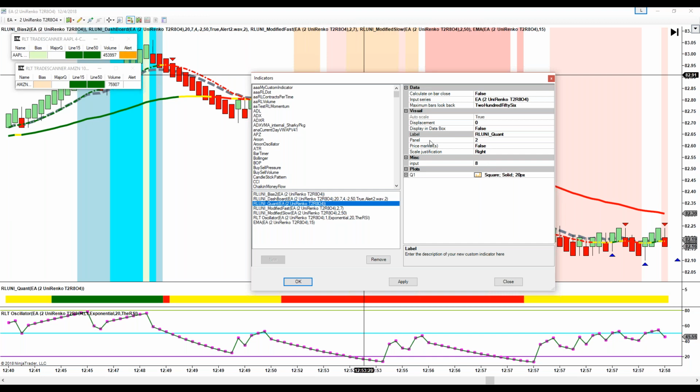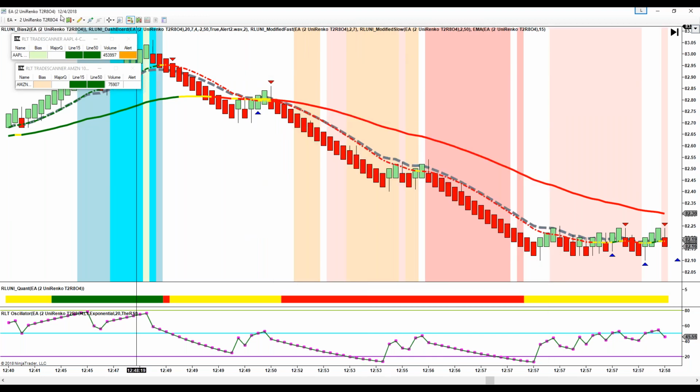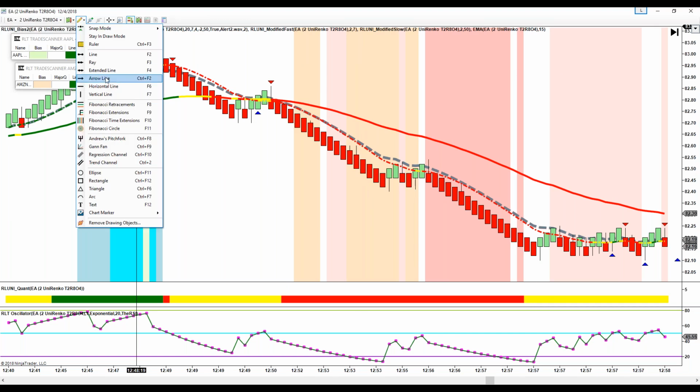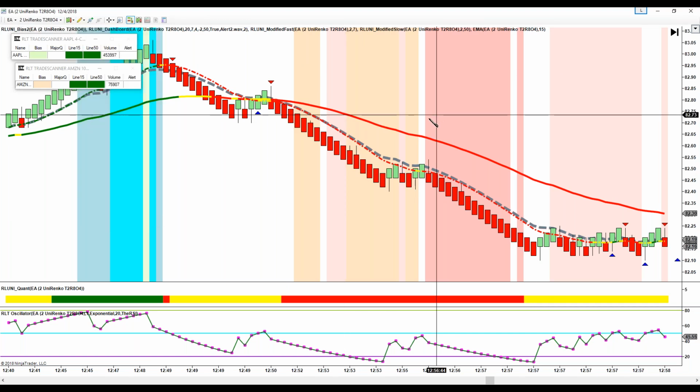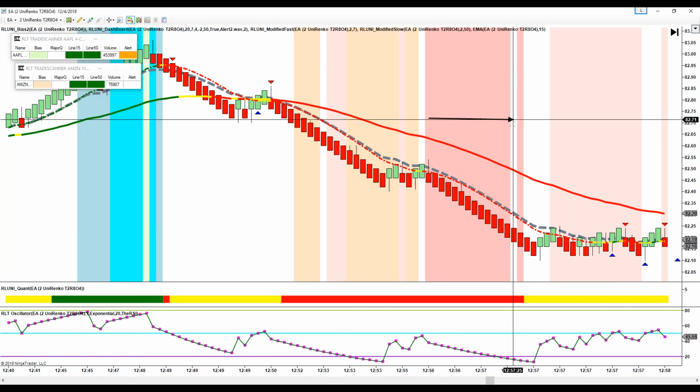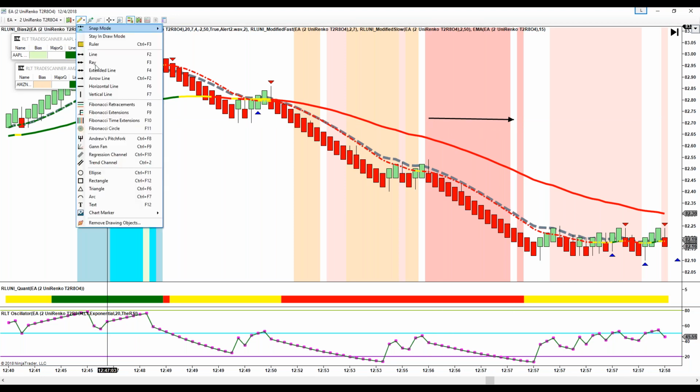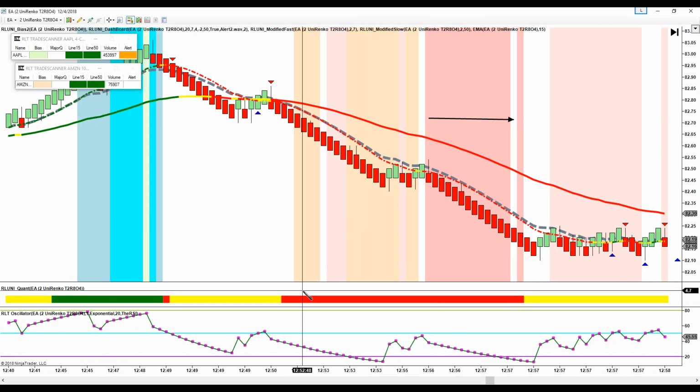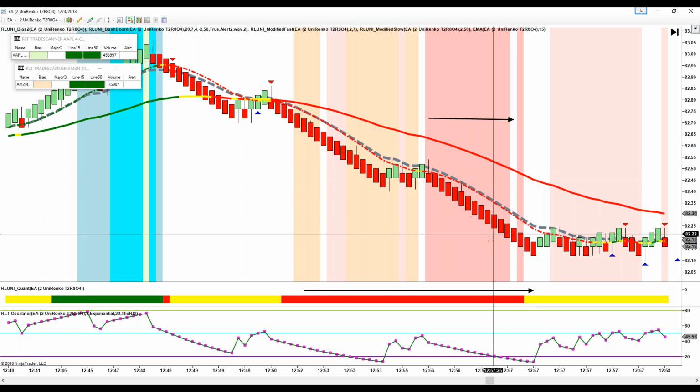And what that does is it slows the background bias down appropriately and slows the analysis of the correlative markets down appropriately so that you can really trade any time frame you want.